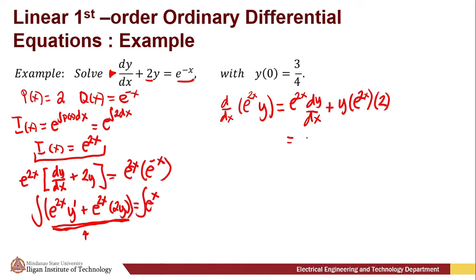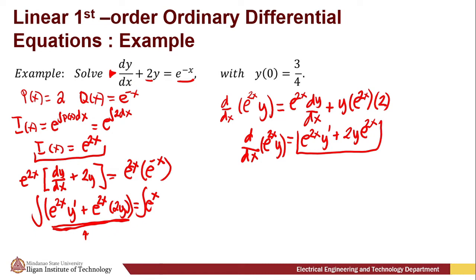So we have e raised to 2x y prime plus 2y e raised to 2x, which is equal to the derivative of e raised to 2x times y. This is just equal to the left-hand side of our original equation, so we can substitute this expression into the left-hand side of our equation.